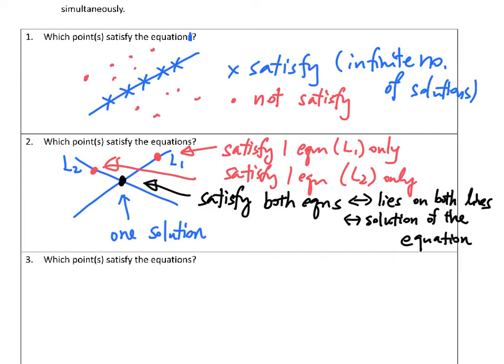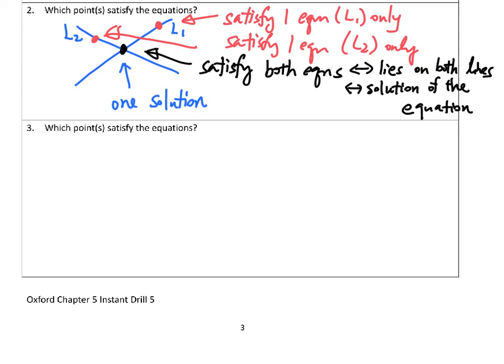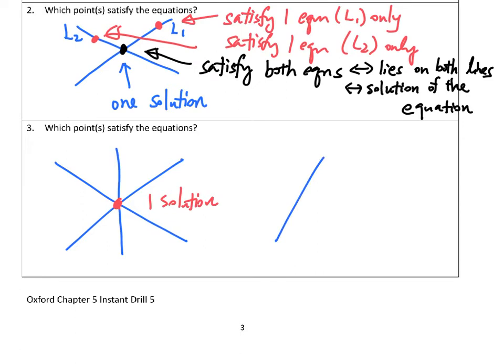So of course, if I add more lines, for example, if we have a third straight line, again we may have one solution, or if the third straight line is like that, then there will be no solution.